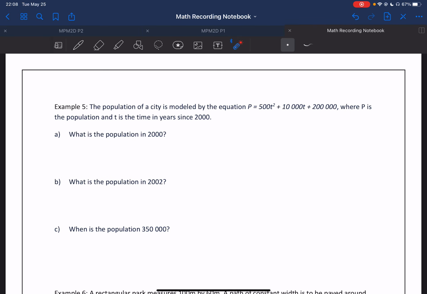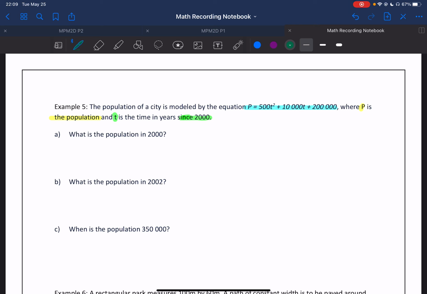This is a population question. We've kind of done one before, but let's go a little bit more in depth into this one. So the population of a city is modeled by the equation P equals 500t squared plus 10,000t plus 2,000, where P is representing the population and T is representing the time in years since 2000.